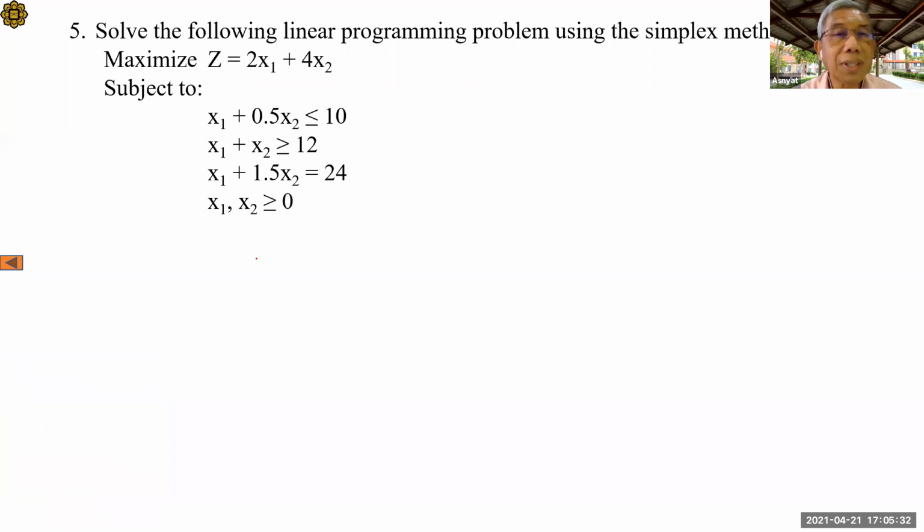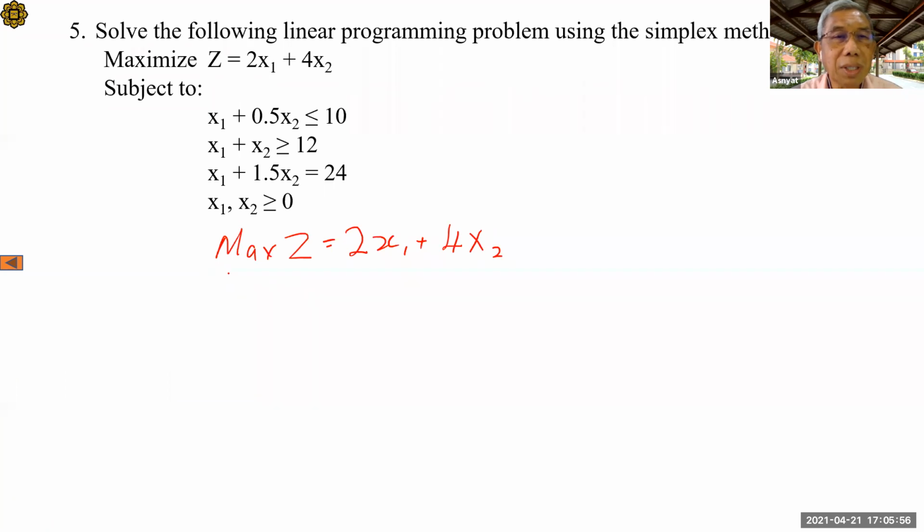Okay, let's say maximize Z equals 2x1 plus 4x2.